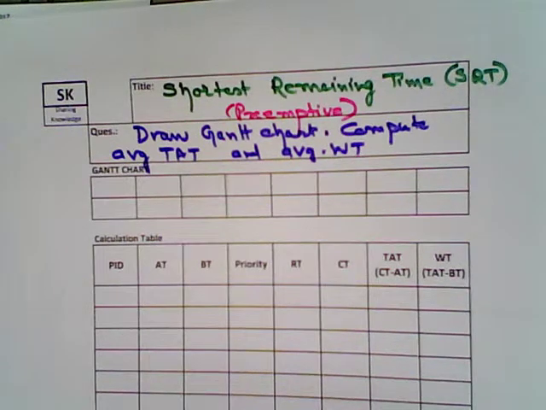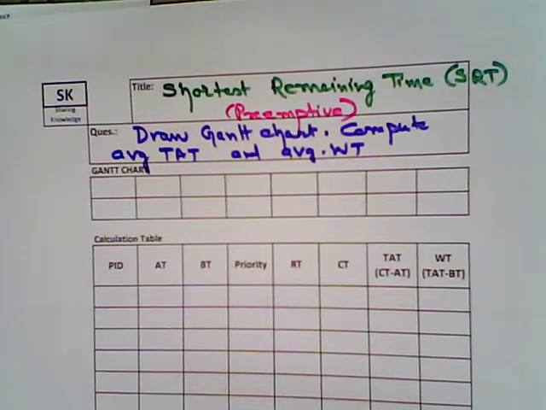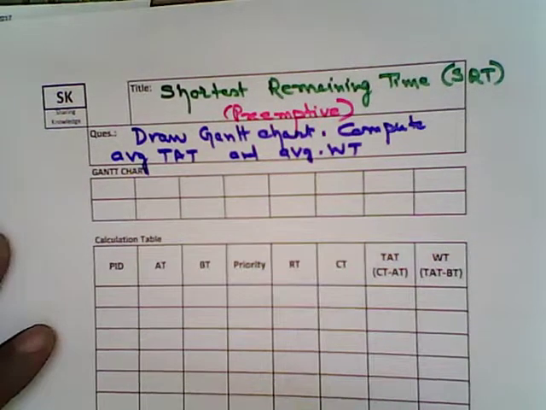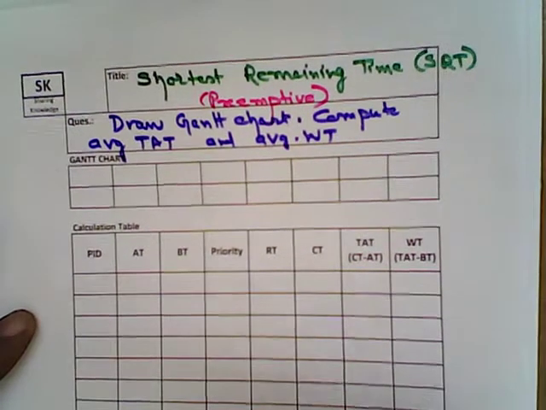You are welcome to another segment on the scheduling algorithms, which is known as shortest remaining time, SRT. This is also known as a class of shortest job first scheduling.